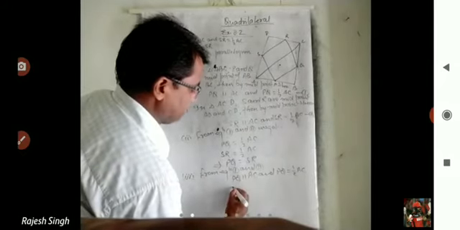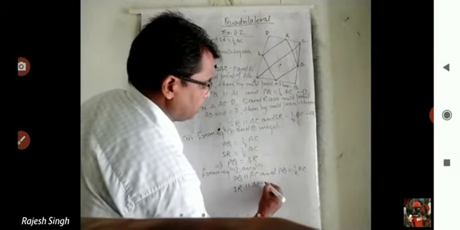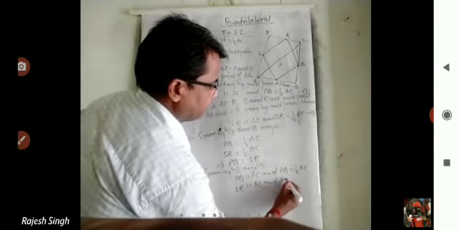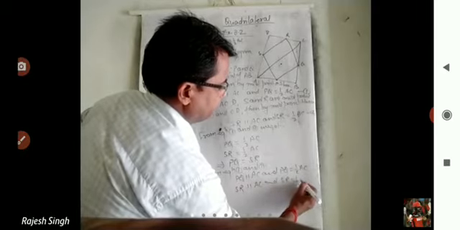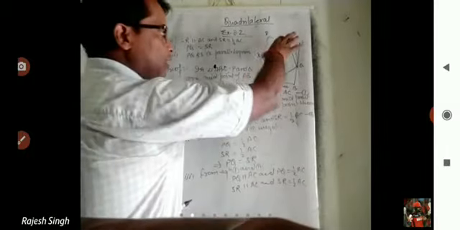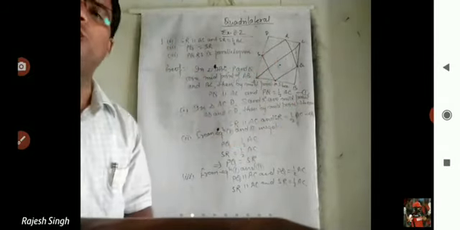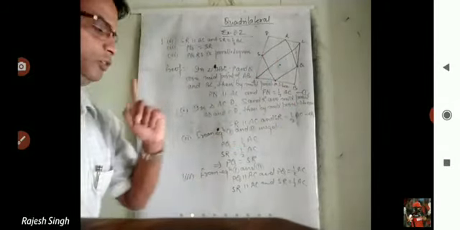SR parallel to AC and SR equal to 1 by 2 AC. Now you see here, PQ parallel to AC and SR also parallel to AC. Then PQ is also parallel to SR.